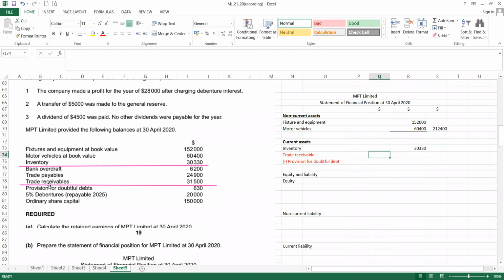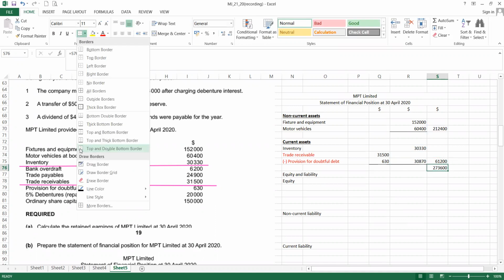Trade receivable amount is 31,500. Provision for doubtful debt 630. Now take the net amount, put into the second column, and then add these two together. So you get the subtotal, total asset.